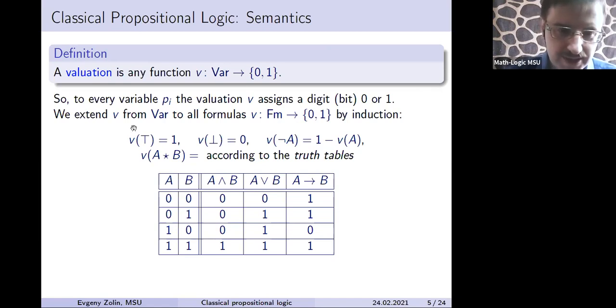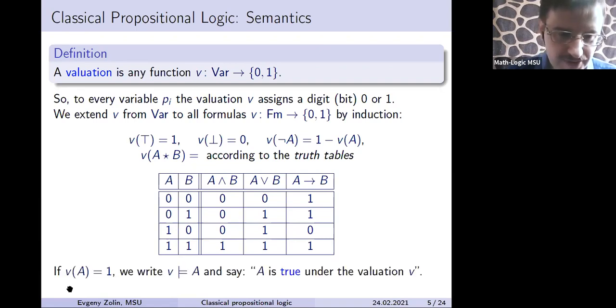So we extended this function v to all formulas. So if v is some particular valuation, then for every formula, we have a value 0 or 1. So if the value of some formula is 1 for this particular valuation, then we say that this formula A is true under this valuation v, and write this symbol.